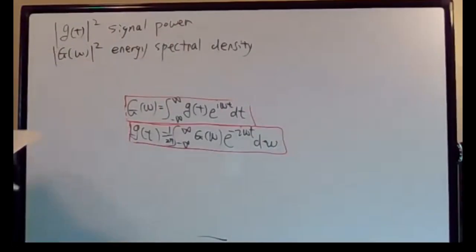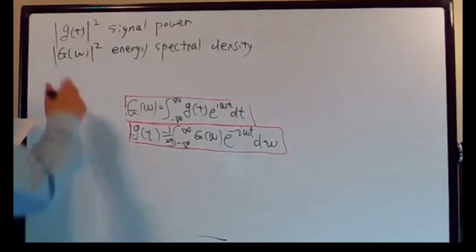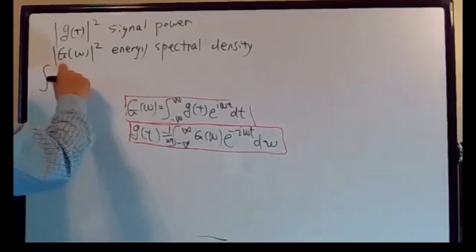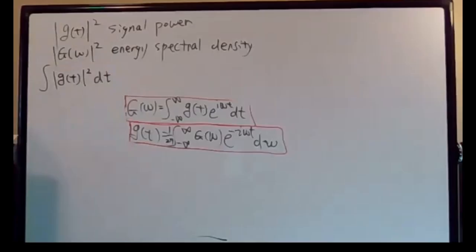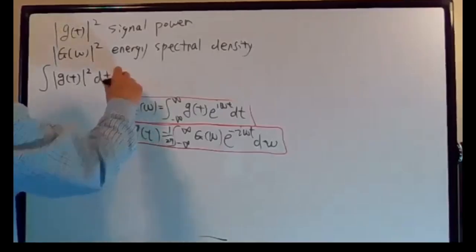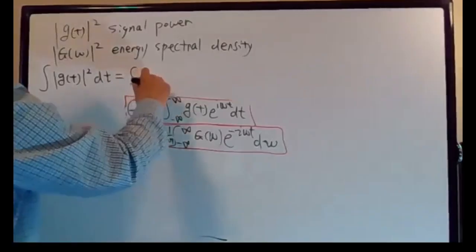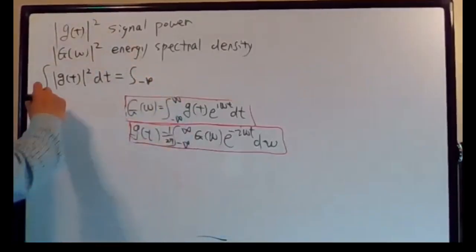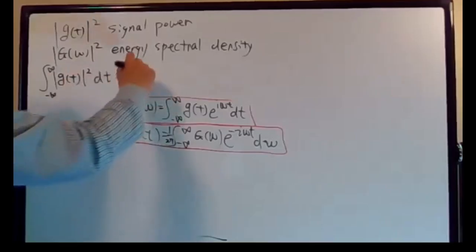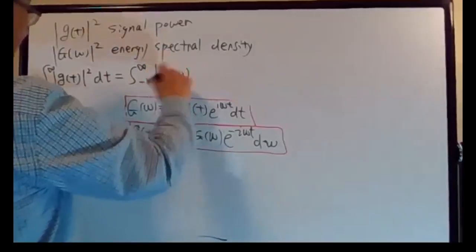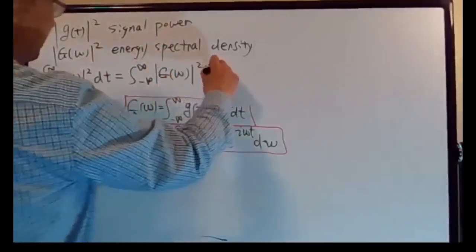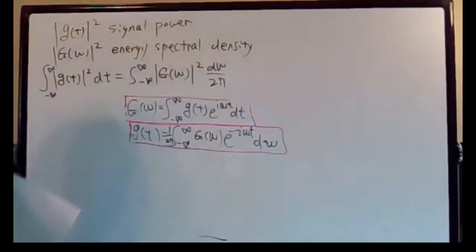There is Parseval's theorem, which says that g(t) in time domain, all the energy, equals the integral from negative infinity to infinity of the absolute value squared of G(omega) d omega over 2 pi, and they are the same.